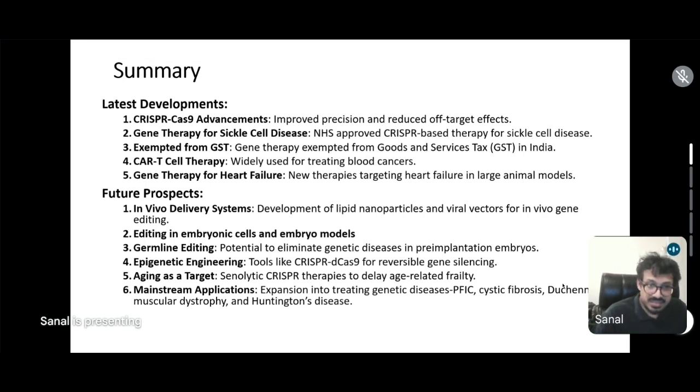Aging is a beautiful target. Senolytic CRISPR-Cas9 therapies or other types of therapies are in vogue, slowly picking up, which is going to delay aging and frailty. And mainstream applications, expansion into treating diseases like PFIC, cystic fibrosis, Duchenne muscular dystrophy, Huntington disease. These are the mainstream applications.